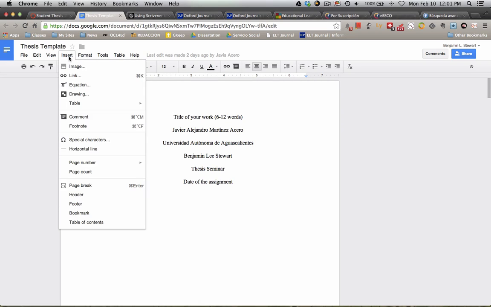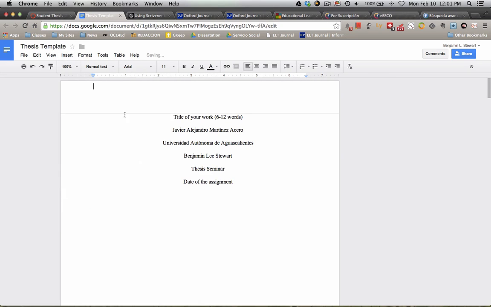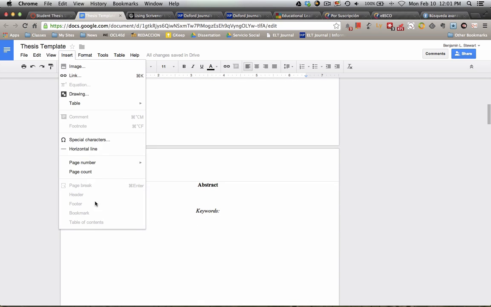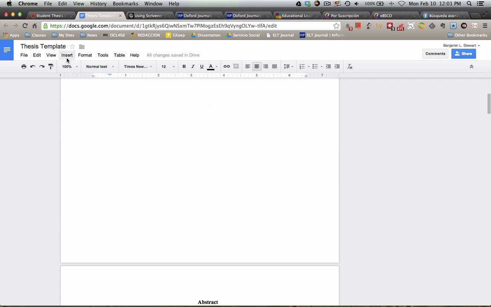If you go into Insert, Header, this will give you the option to insert the information in your running head. This information here is called the running head, and typically the first 5 or 6 words of your title will go there. And then you can add a page number here at the bottom by inserting a footer. Here, insert footer, and then you should be able to add the page numbers here at the bottom.